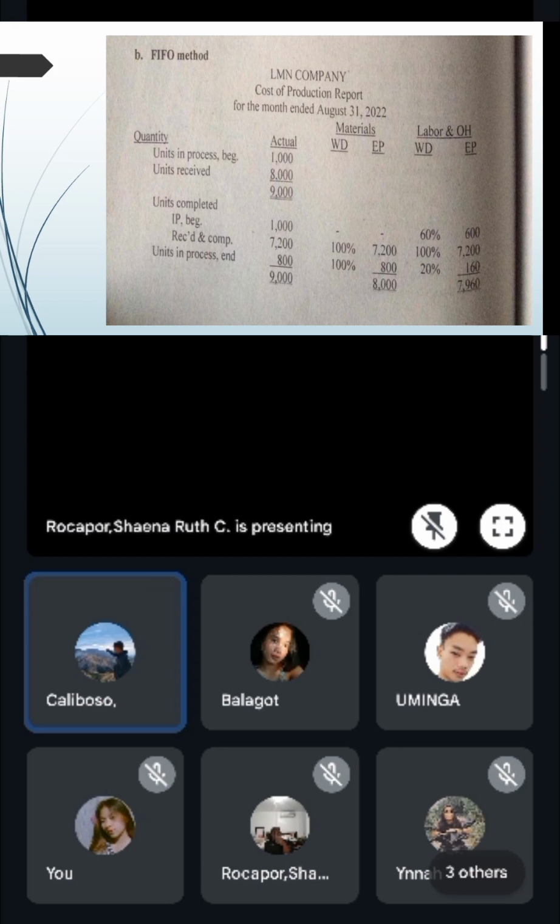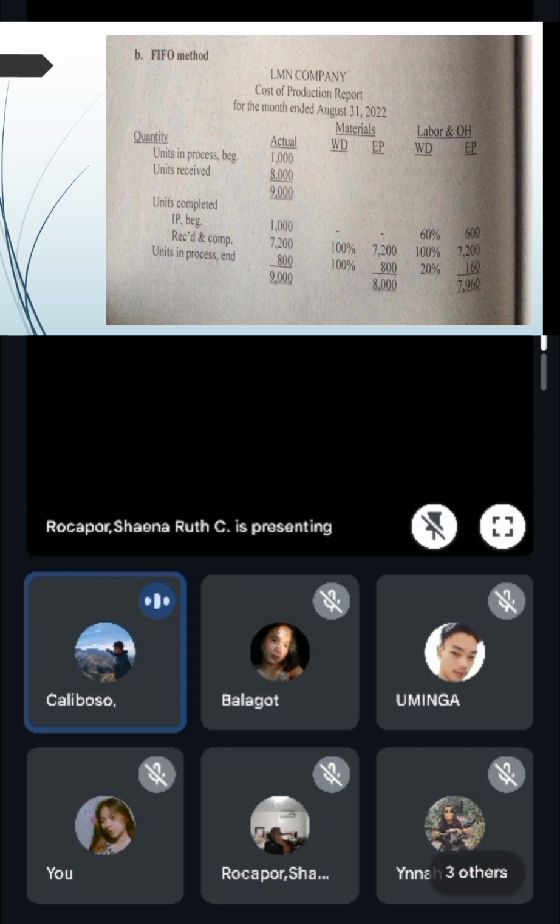So, ito naman sa 7,2, wala nang problema dito kasi 100% complete. So, ida-down na lang natin dito yung 7,2. So, sa work done naman sa labor and overhead, sa 20%, 800 siya.